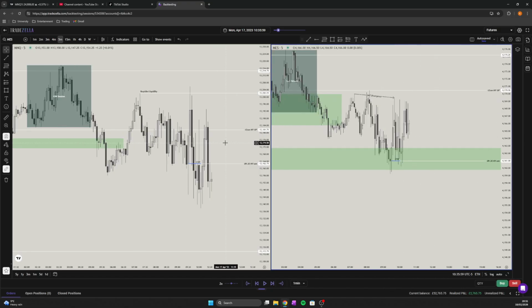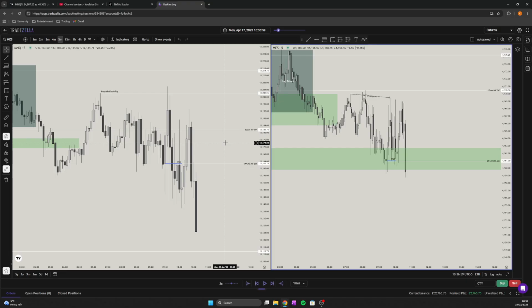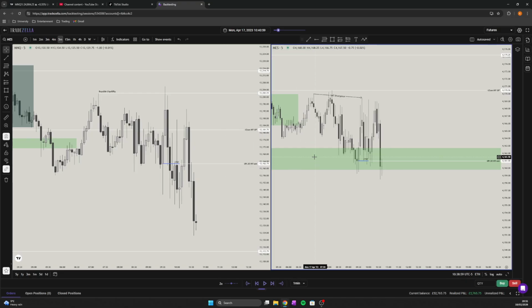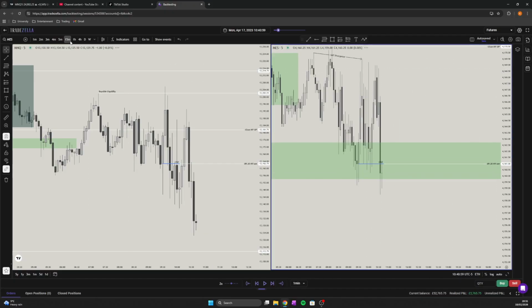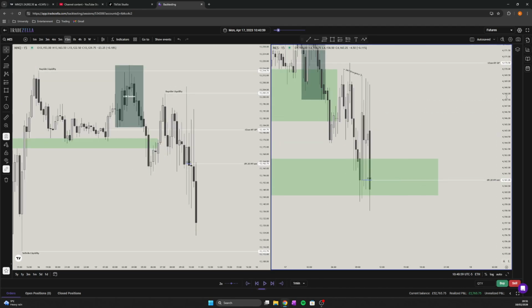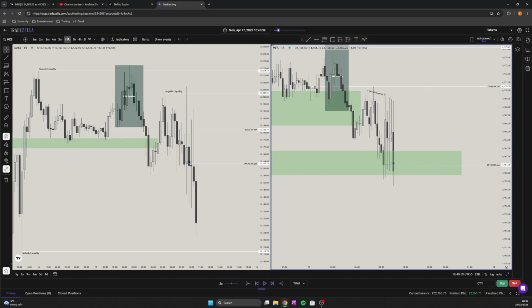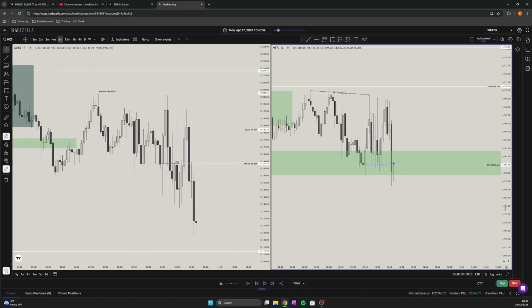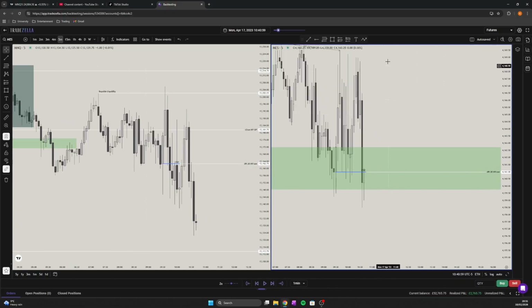ES is consolidating, whereas NQ is traveling lower. Okay. There we go. Finally, the change of the state delivery. Okay, this is mad wick action. I really don't like that market. But there we go. So we get that.